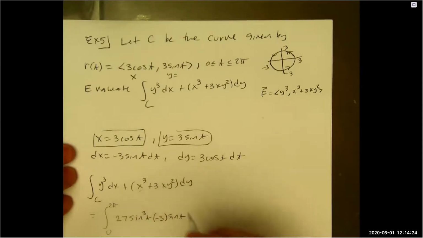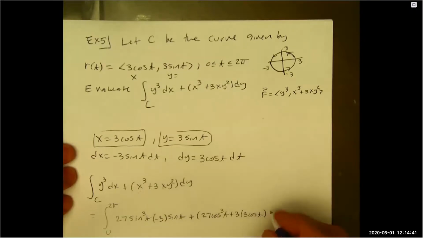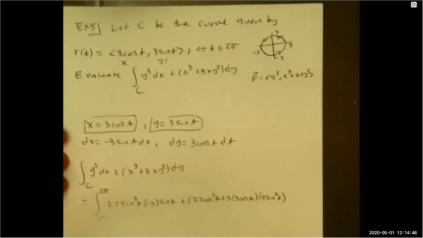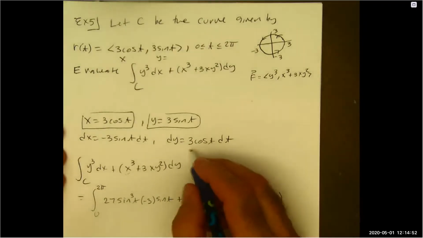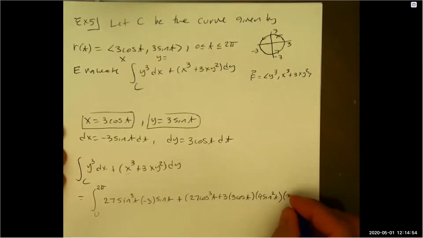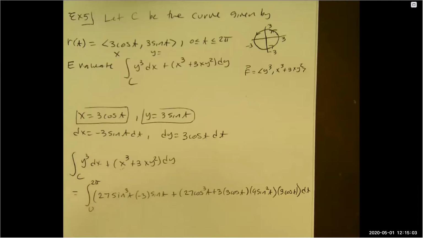Then I have the x cubed, which is going to be 27 cosine cubed of t, and then I'm going to have 3 times 3 cosine of t times y squared, which is 9 sine squared of t, and dy is going to be 3 cosine of t dt. Sorry, dy is 3 cosine of t dt, not sine. So I'm taking the dt out of both groups. So we have all of that.